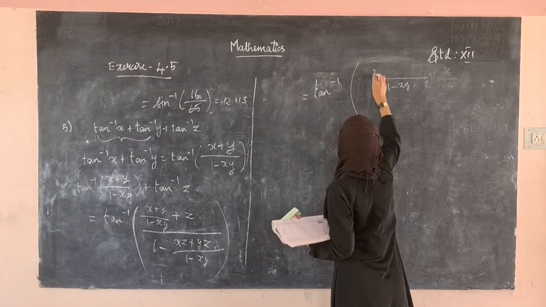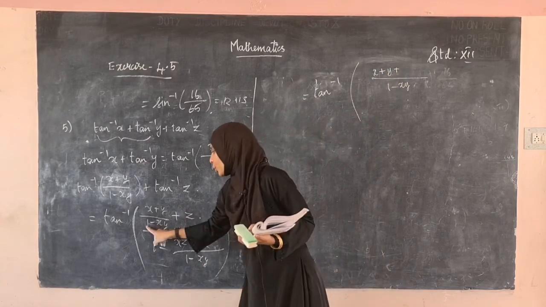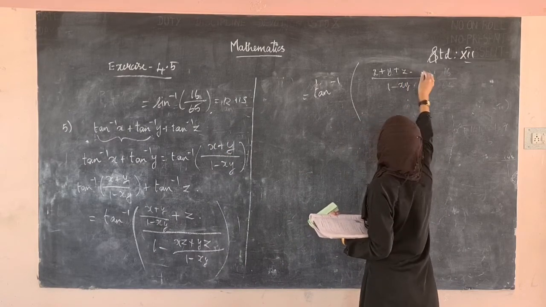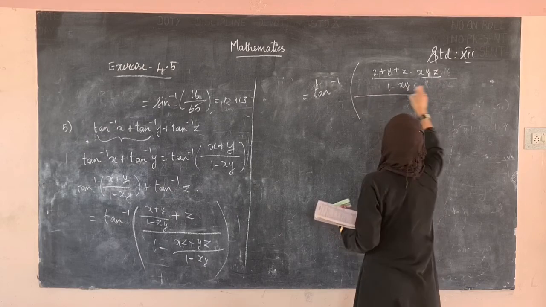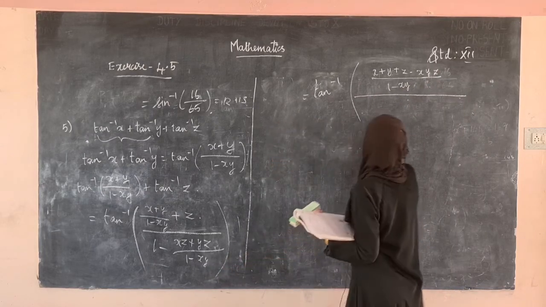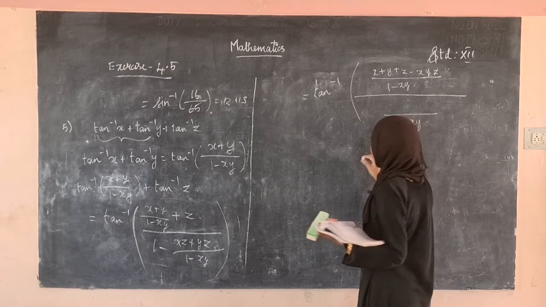On this side we have x plus y plus z into 1 minus xy, 1 into z is z, minus xyz. The whole divided by, here the LCM is again 1 minus xy.